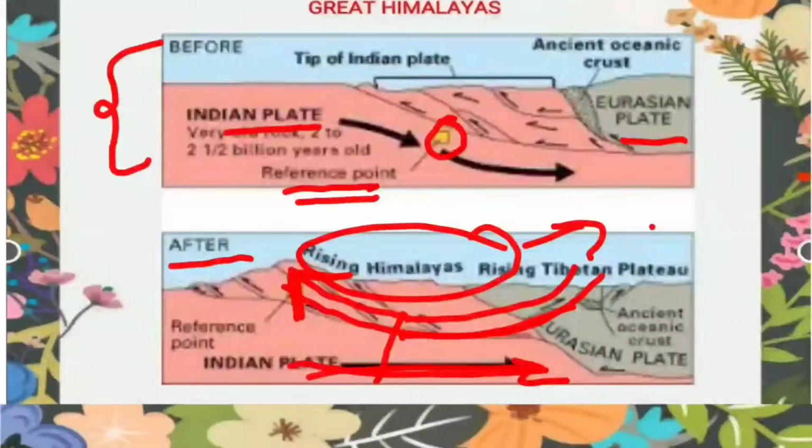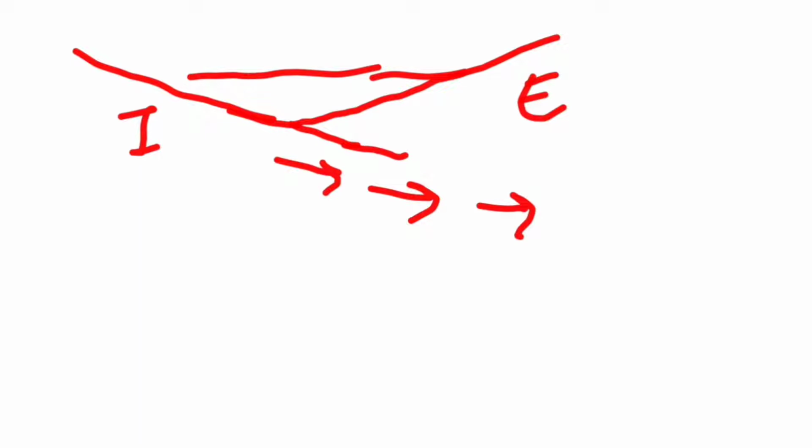I'll explain. Whenever you see that this is a plate, this is the land, and this is one plate and this is the other plate. This is the Eurasian plate, this is the Indian plate, and when the Indian plate is subducting more and more under the Eurasian plate, this area is elevating like this. When it subducts like this, it will elevate one more layer.